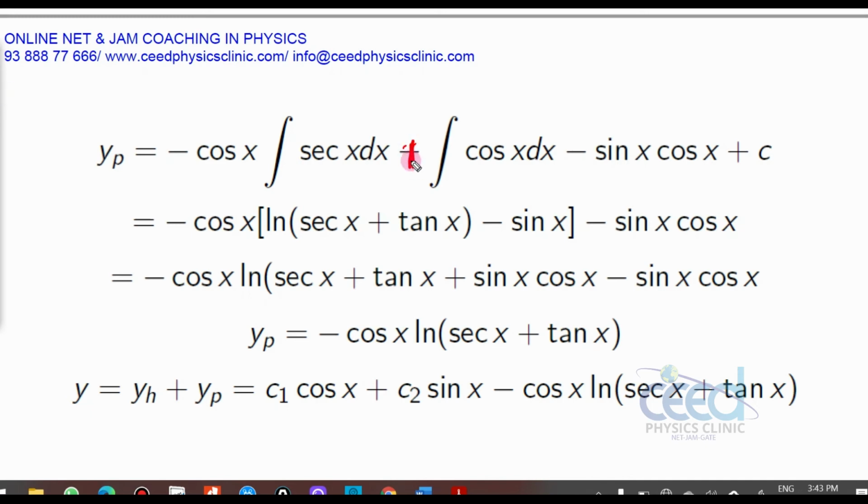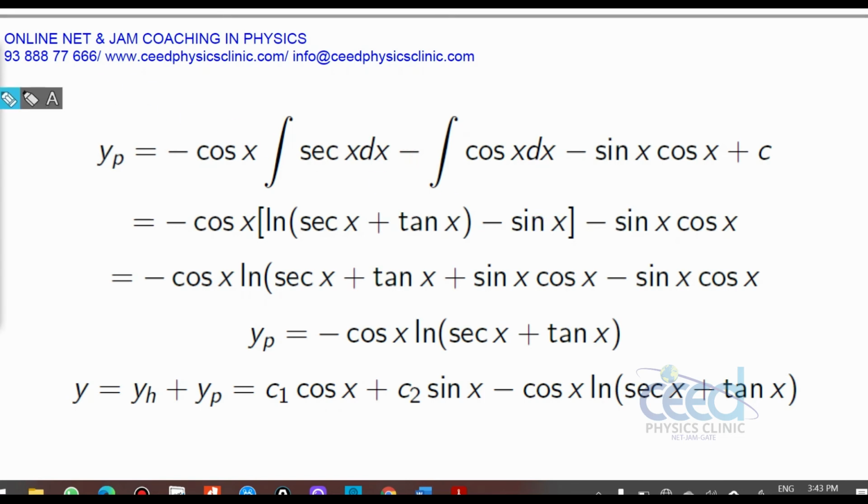So this is positive. Now this is minus cos x into, what is sec x? Sec x on integration is log mod sec x plus tan x. Okay, now cos x on integration, I will have minus sin x. So here outside we have a minus, right?